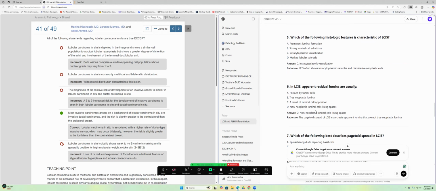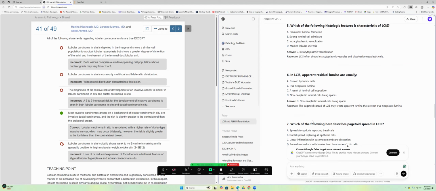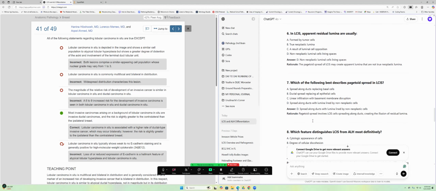Intracytoplasmic lumina. Yeah, that's what they call the signet ring cells. In LCIS, apparent residual lumina are usually non-opacified, luminal lining spaces. That's the pagetoid spread of LCIS.